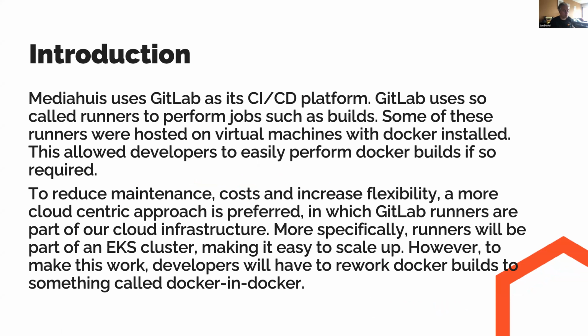But as we tend to move more and more things to the cloud, or at least to Kubernetes managed containers, one of the things that we want to reduce is the maintenance of dedicated virtual machines. This means that the build machines that we now have, where Docker is installed so people can build Docker containers, we will be getting rid of them.